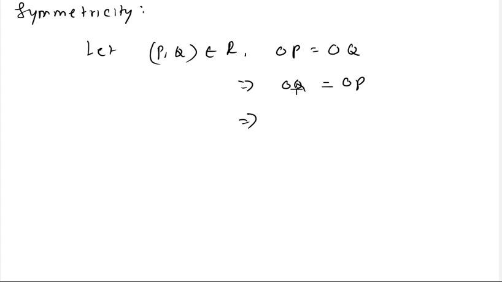Then Q can be the pre-image and P can be the image. Then (Q, P) also is a point in the plane such that the two points Q and P are equidistant from the origin, so it belongs to R, and this proves that it is symmetric.